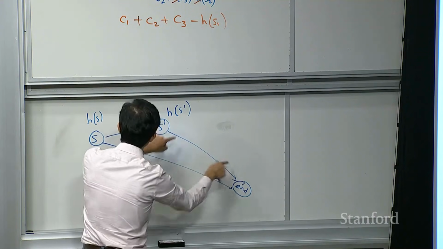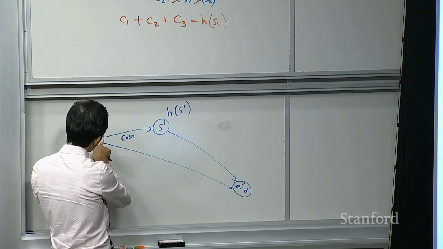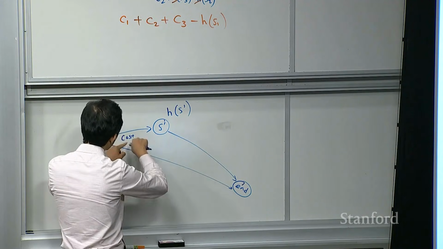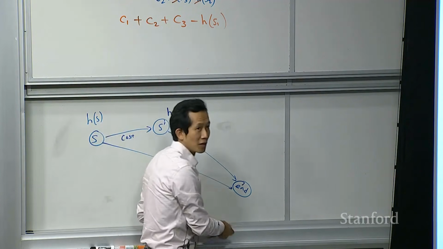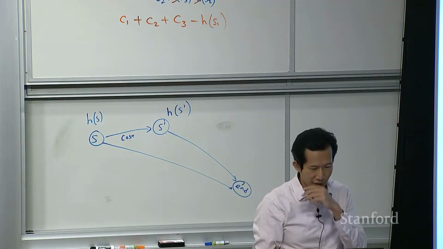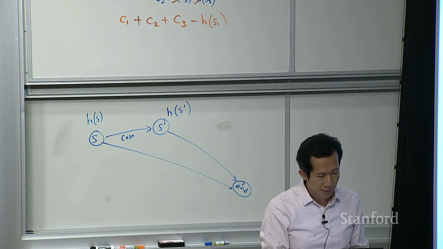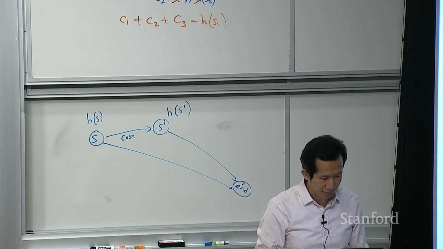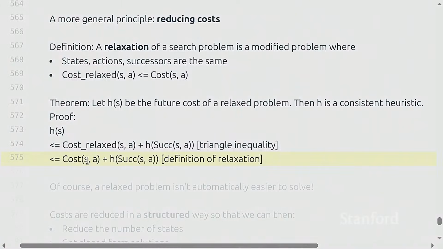This is the future cost here, and I'm saying that this H of S is at most cost plus H of S prime. So one way to remember this is just the triangle inequality. And that, by the definition of relaxation, is at most the cost of, because relaxed costs are smaller, so the cost of S, A is the upper bound.